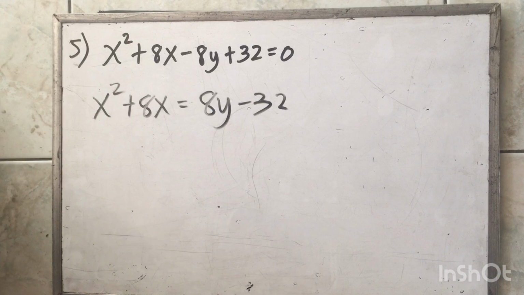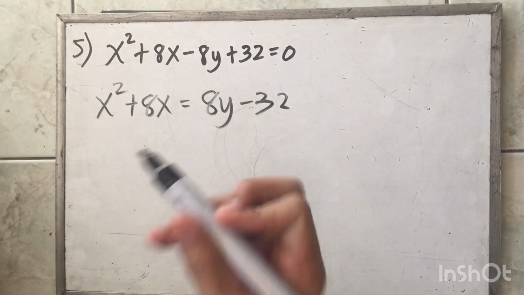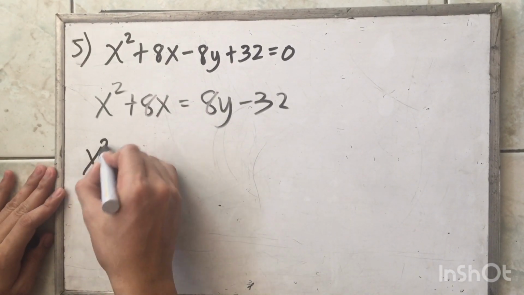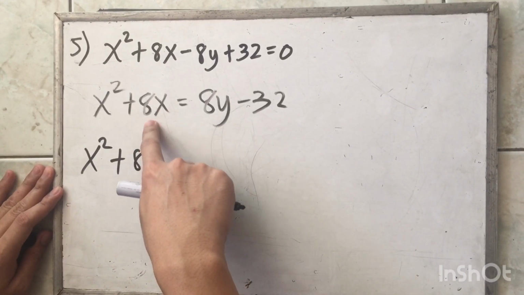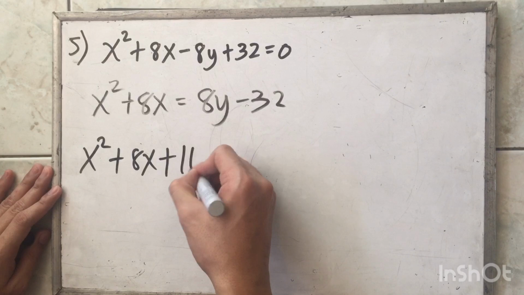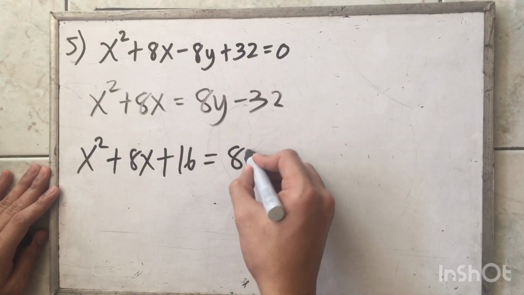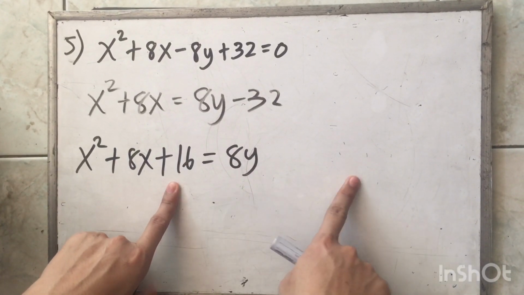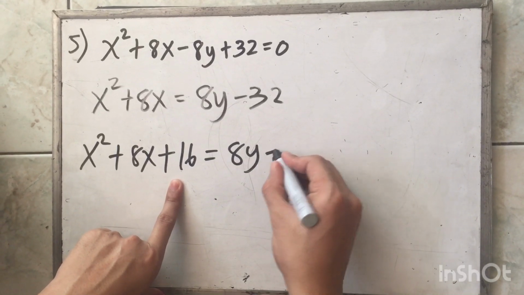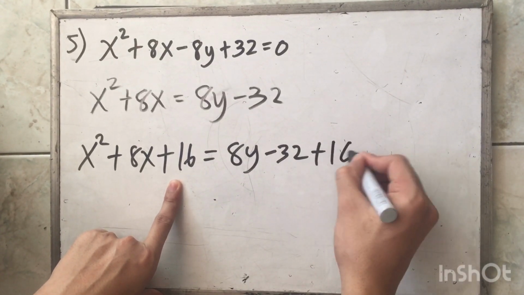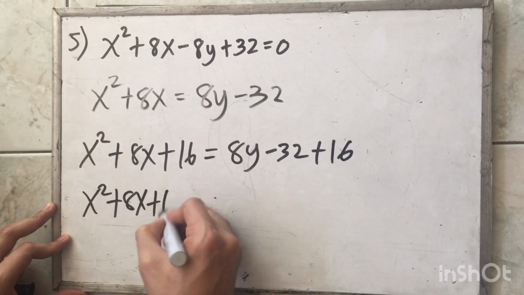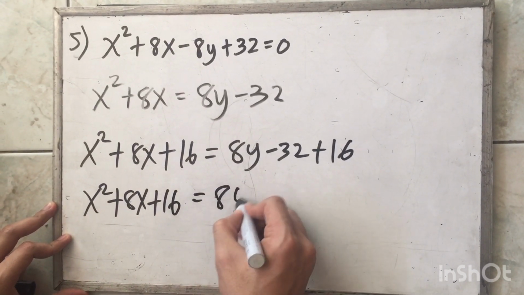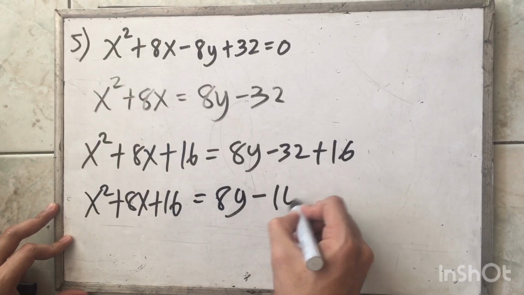And by completing the square, divide 8 by 2, that is 4, and 4 times 4 equals 16. We have to add 16 to the right side of the equation too, to become -32 + 16. So we have x² + 8x + 16 = 8y - 16.